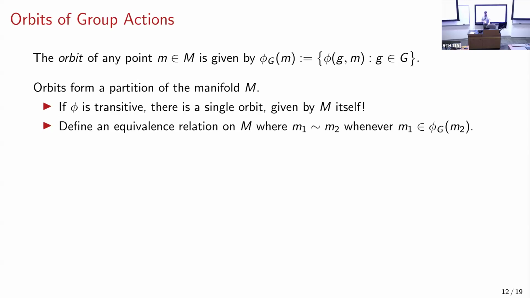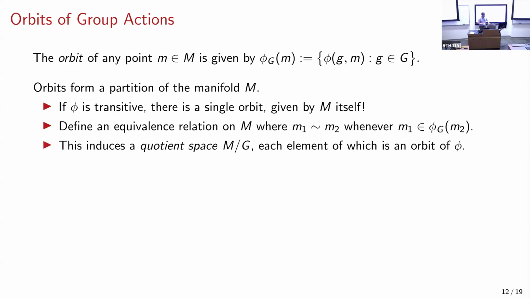To make a little more formal what I said before, we can define this equivalence relation, where if we take any 2 points in M, we say that they're equivalent, that's the notation here, if one is in the other's orbit. And it's easy to check that m1 in orbit of m2 if and only if m2 is in orbit of m1, right?